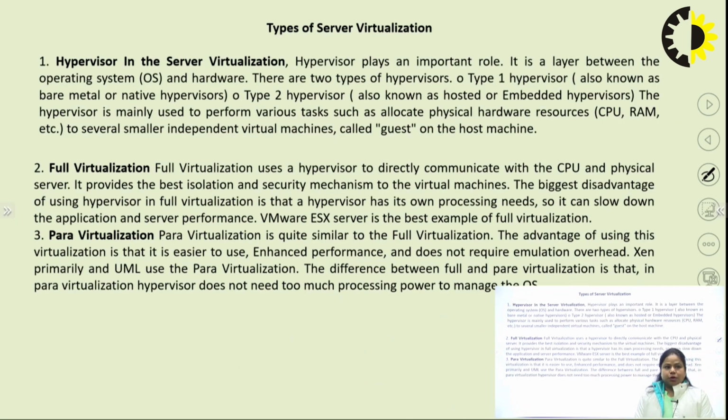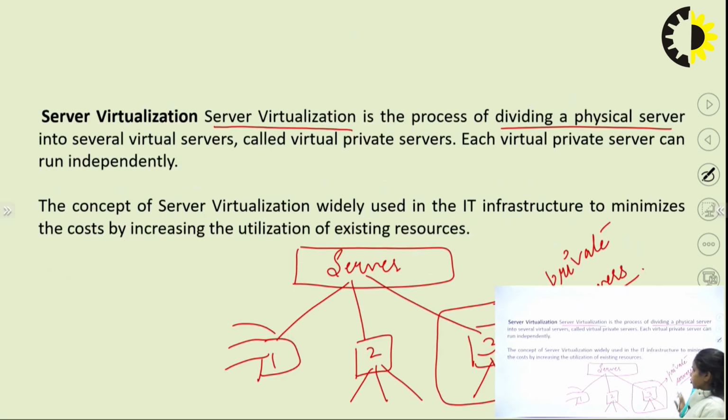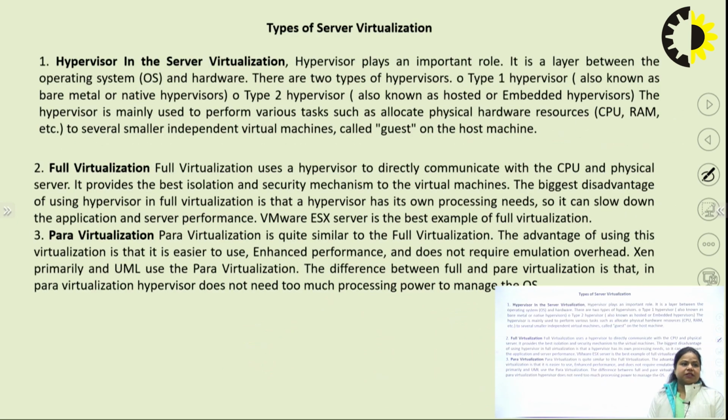Now if I'm talking about the different types of server virtualization, as I've already told you, when we create the virtual server environment, it is divided into different types. The first is the hypervisor in server virtualization. If I'm using the word hypervisor, I'm talking about either hardware or an operating system, because the hypervisor plays a very important role there.